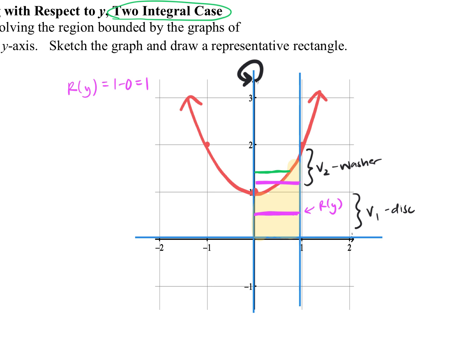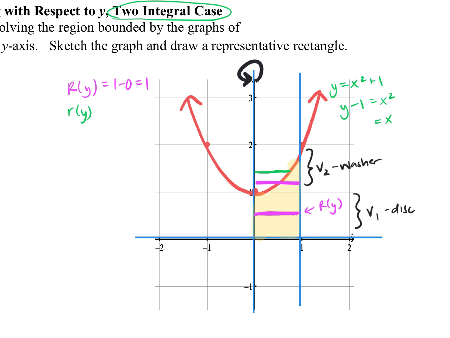Okay, this little r of y is a little bit more complicated because the curve that I drew in red, the formula for that was y equals x squared plus 1, right? But I want it in terms of y. So what do I need to solve this equation for? Y. Oh, wait, no. It's already solved for y. I need to solve it for x, right? So if I solve this for x, I get y minus 1 equals x squared.